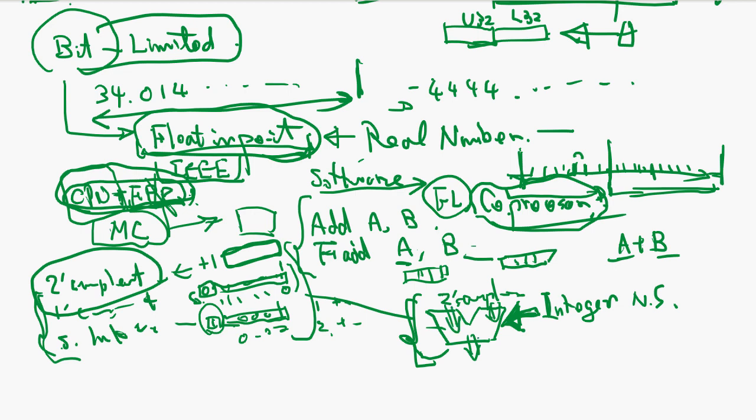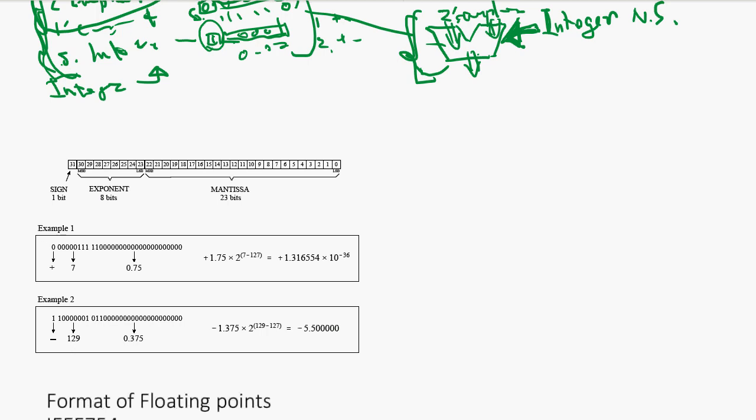Okay, so this is the integer number system already. There are multiple number systems, and floating point has several formats too. So what is floating point? Let's look at floating point. This is the so-called 32-bit floating point format.